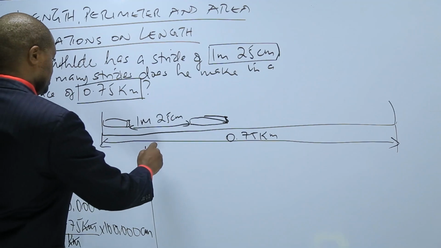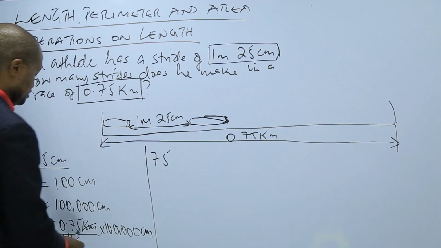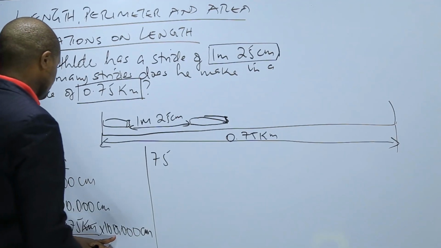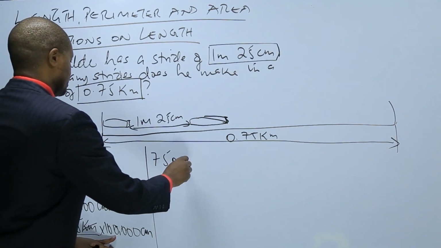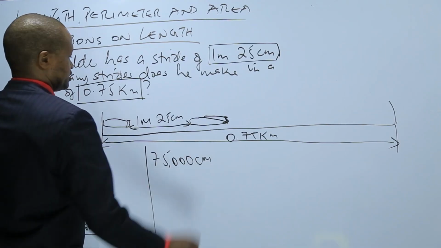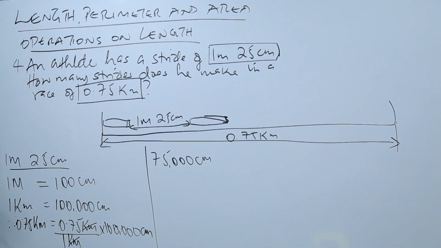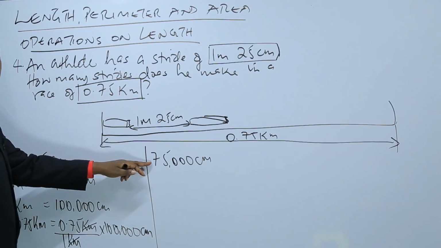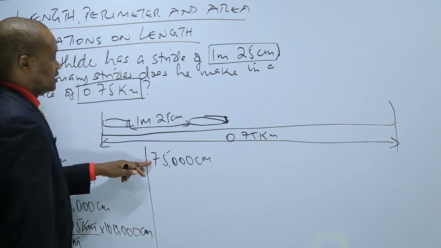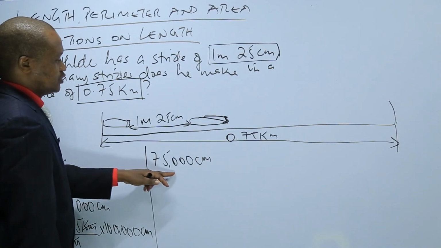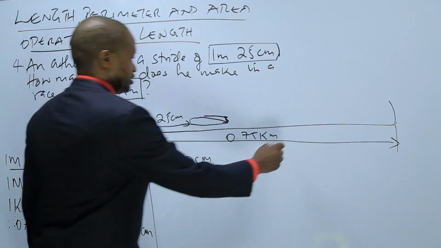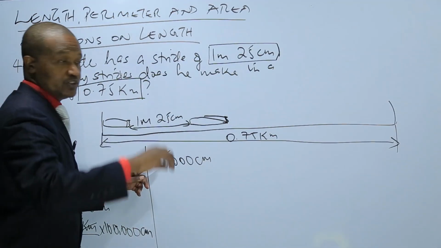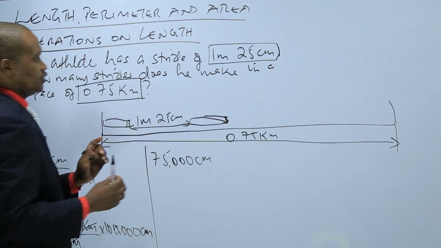Then we'll have 0.75 times 100,000 centimeters, which is equal to 75,000 centimeters. So 0.75 kilometers is equivalent to 75,000 centimeters. So that is the first step. Convert the units so that you have uniform units.